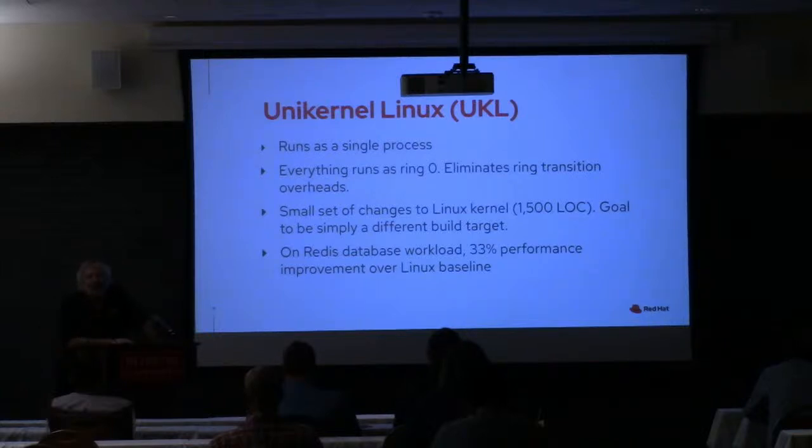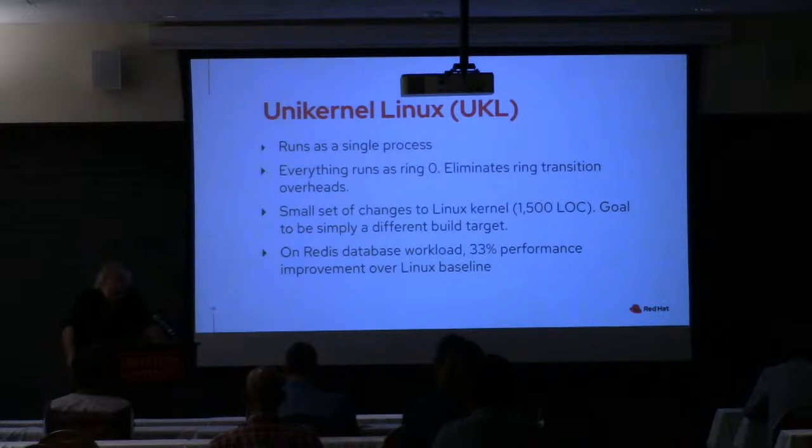It also turns out this is rather complicated to do, because when you do ring transitions normally in Linux, a bunch of stuff gets done in the background. And so various things have had to be done to essentially do those ring transition tasks within a unikernel.